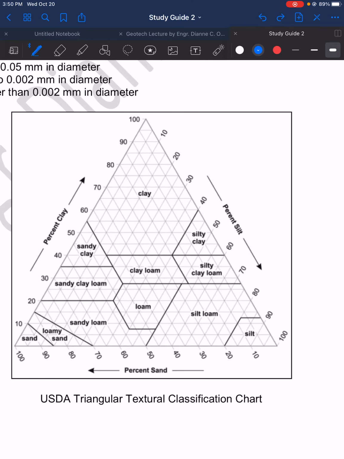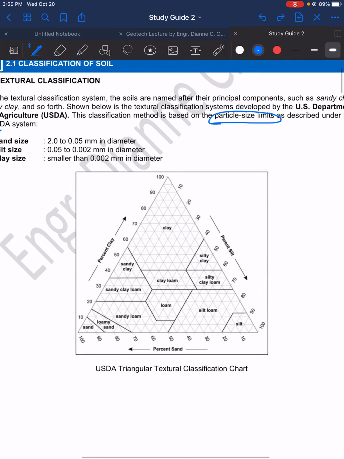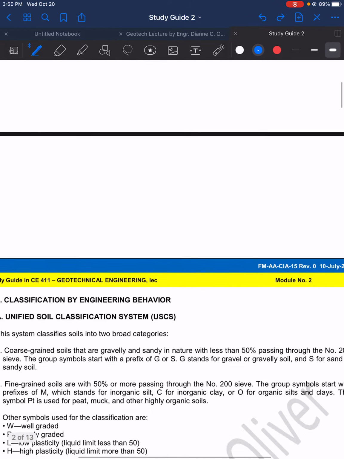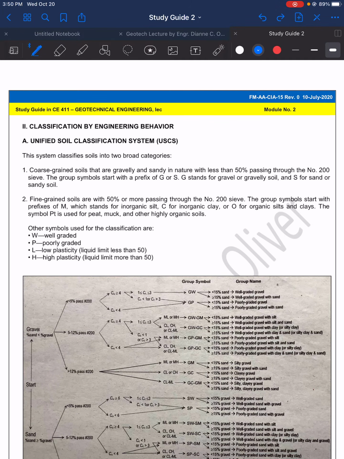The challenge here is, it's easy to use this triangle, this chart, but the challenge will be computing for the percentages of clay, silt, and sand. Now let's go to the classification by engineering behavior, and it is divided into two.